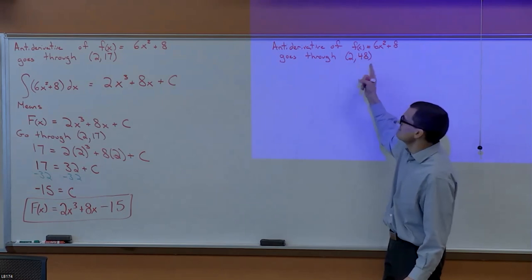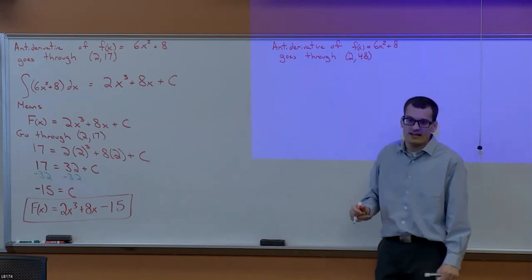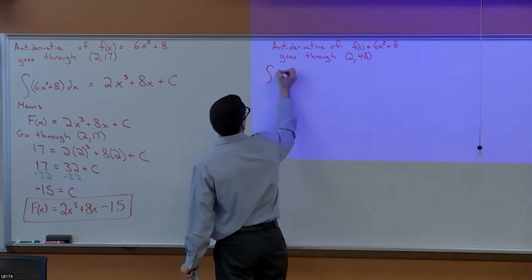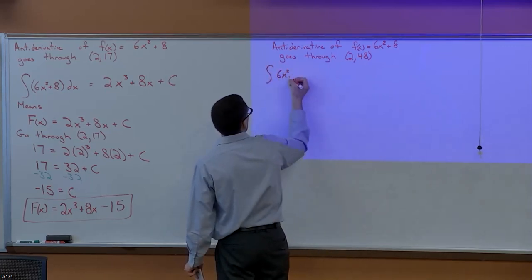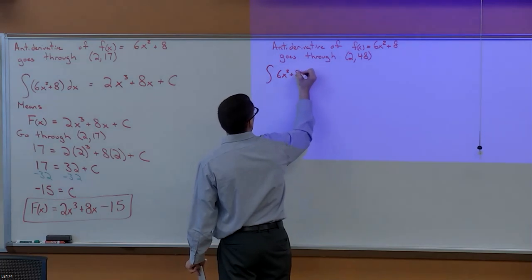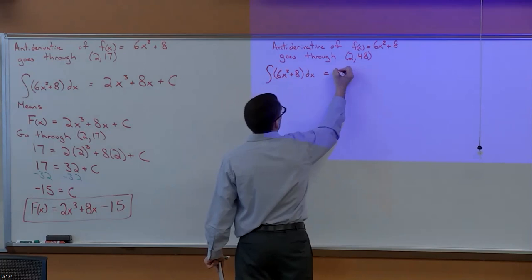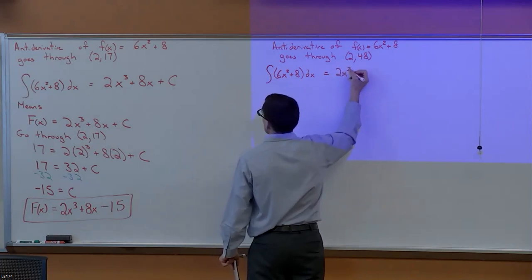Now, if I know it's going through the point (2, 48), it's the same process. I'm going to take the antiderivative of 6x squared plus 8 and get the exact same thing.